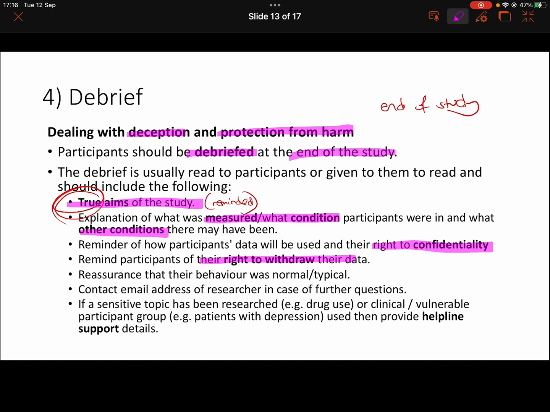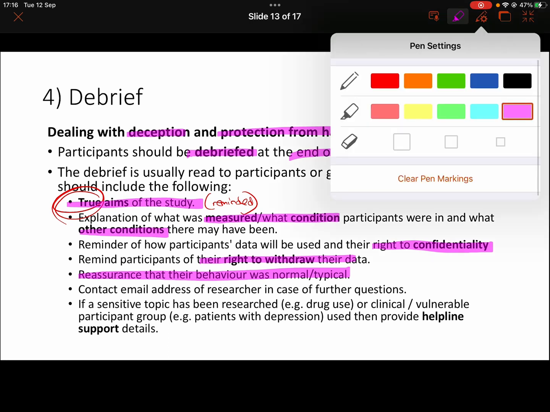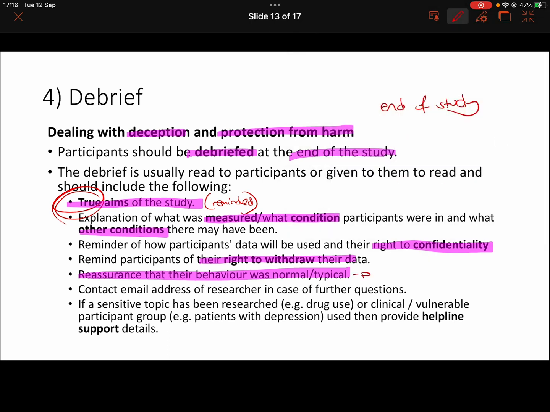An important part of the debrief is reassurance that the participants' behavior was normal. It was typical. There's nothing unusual about it. It's absolutely fine. And that ties into, in particular, protection from harm. If they were embarrassed, if they were ashamed of how they responded, or if they were made to feel like a failure, for example, we have to reassure them that everything they experienced was totally normal.